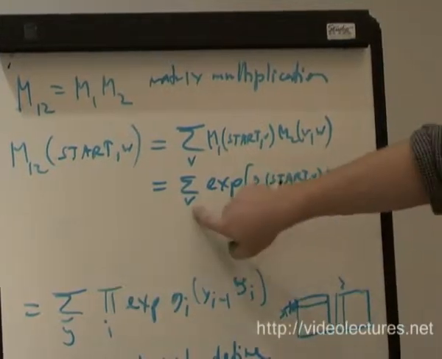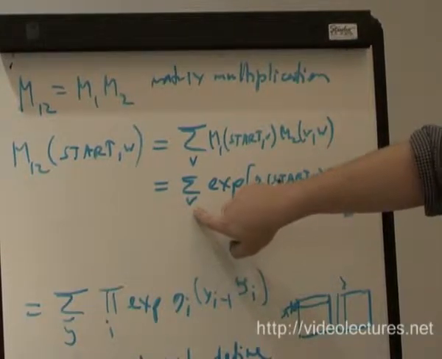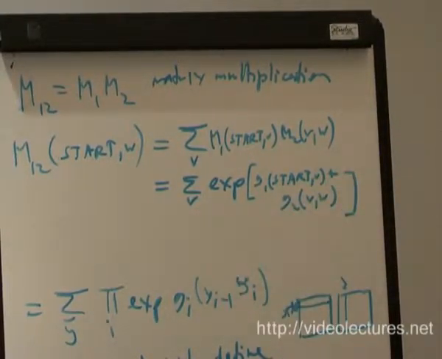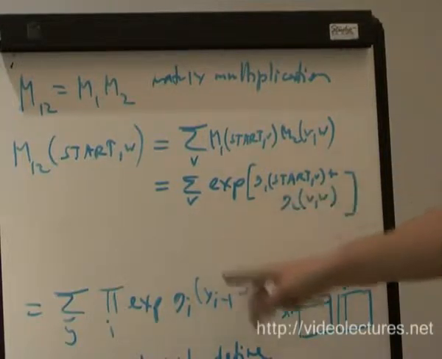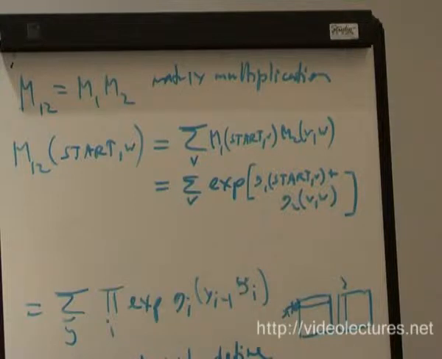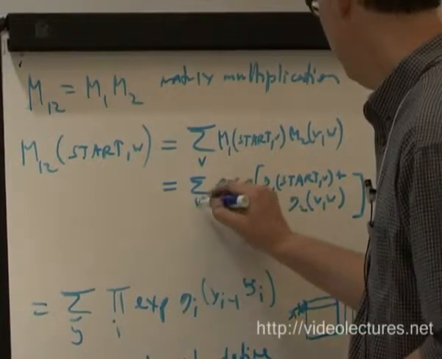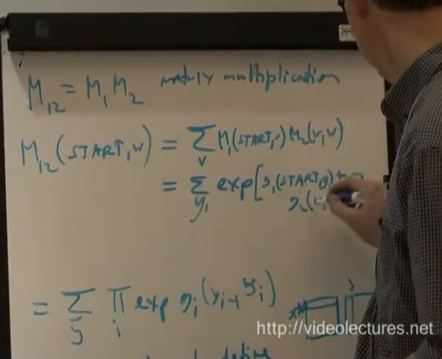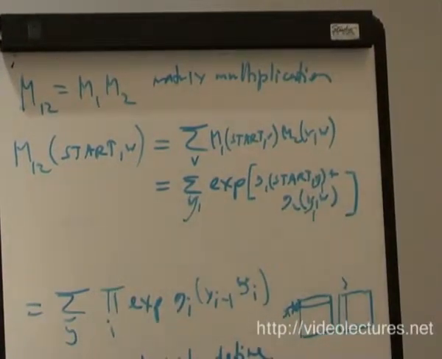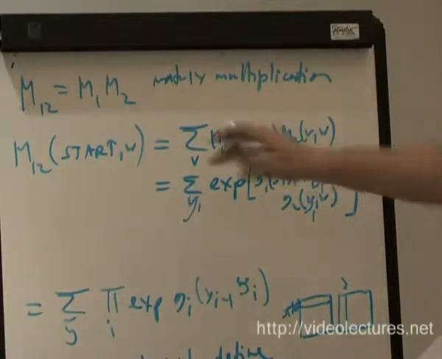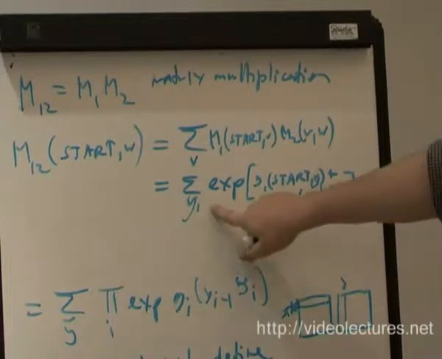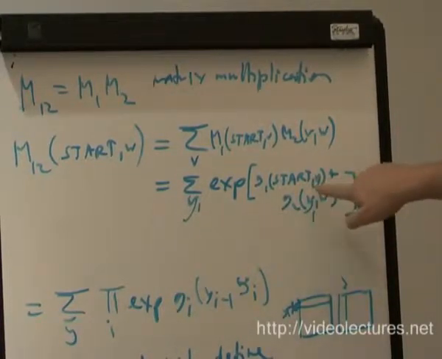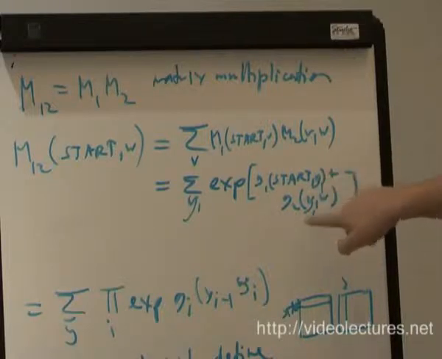And here I have, it's not the sum over the whole y sequence, but it's a sum over a single v of the sum of the g values. So I can call this sum over y_1. So if I calculate the matrix M_12 and I look at its entry start, w, that's going to be the sum over all y_1 of the exponential of g_1 of start, y_1 plus g_2 of y_1, w.